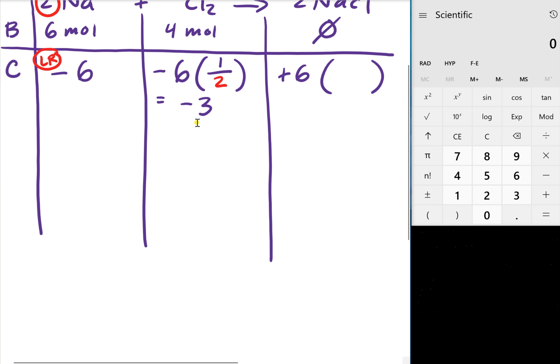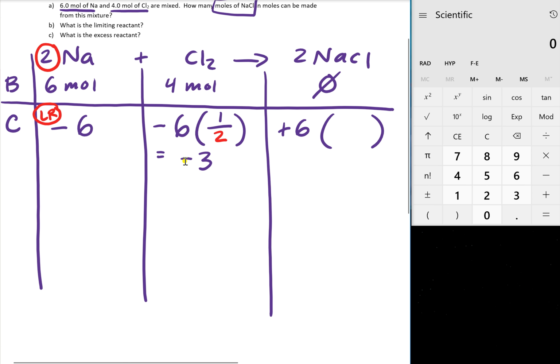And you look at the change for the chlorine. 3 moles of chlorine are needed to complete this reaction. So do you have enough chlorine to complete this reaction? The answer is yes. You start with 4, but you only need 3, so that means there is going to be extra chlorine left over, meaning that sodium, yes, is your limiting reactant.